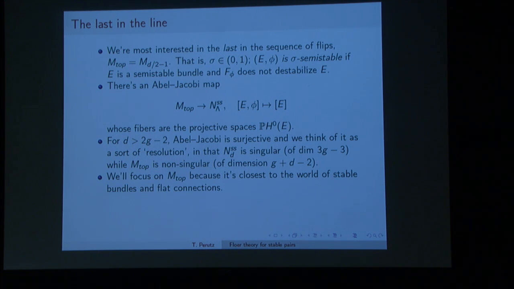And so it's something like a resolution, but it's higher dimensional. So I want to focus on M top, because that's the one that's close to the world of stable bundles and flat connections, which is what we know is a good hunting ground for interesting 3 and 4 manifold invariants.